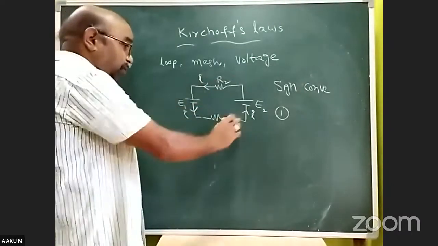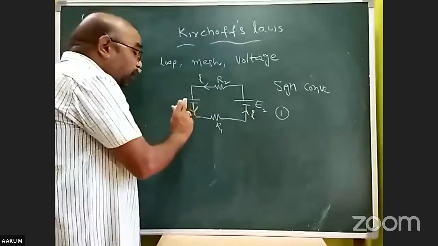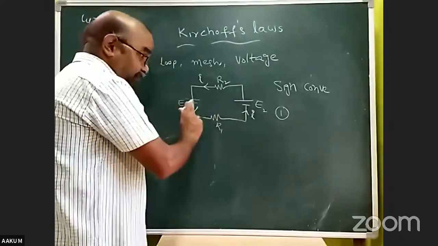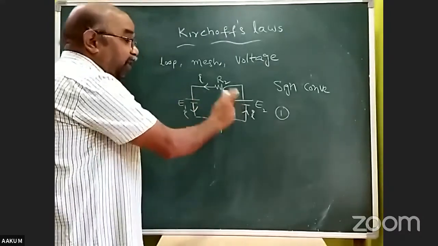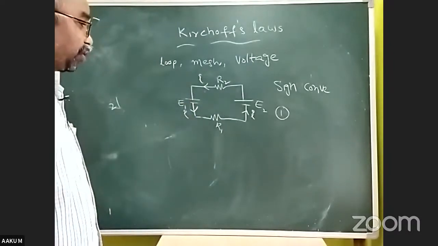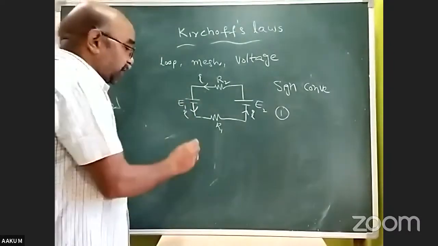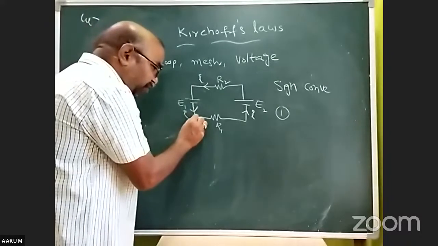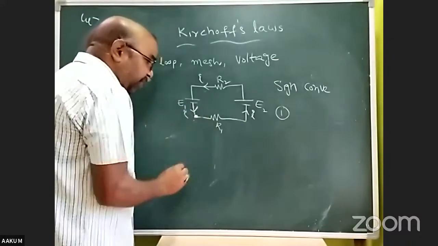In this closed loop, two cells are there. Two cells contain some electromotive forces. Let us start at any point, your wish. Let us start here.